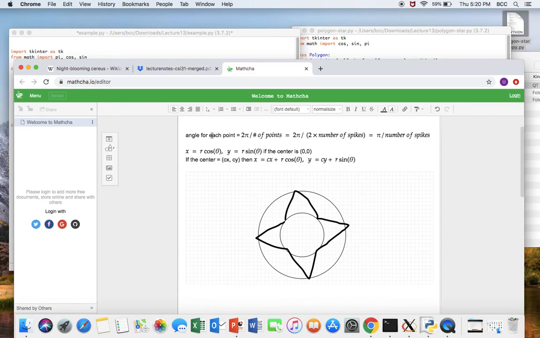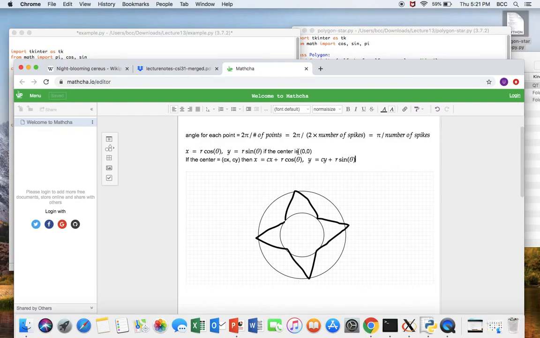Okay. Why is this angle important? From trigonometry, you know the x coordinate of a point is radius times cosine theta, and the y coordinate is radius times sine theta. If this is your circle, any point on the circle is given by x coordinate r cosine theta, y coordinate r sine theta.